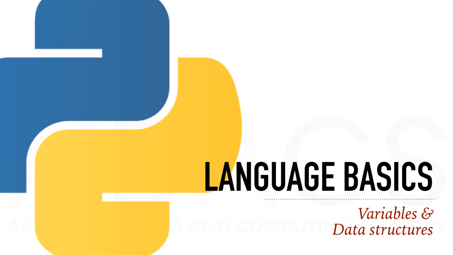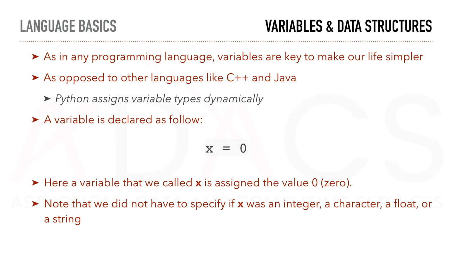Now that we are all set up, let's dive into some of the language basics. Let's talk about variables and data structures. Variables are going to make your life simpler. And in Python, unlike C++ or Java, variable types are assigned dynamically. That means no need to specify, as in our example here, where x is defined as equals 0, and we do not need to tell Python that x is an integer.